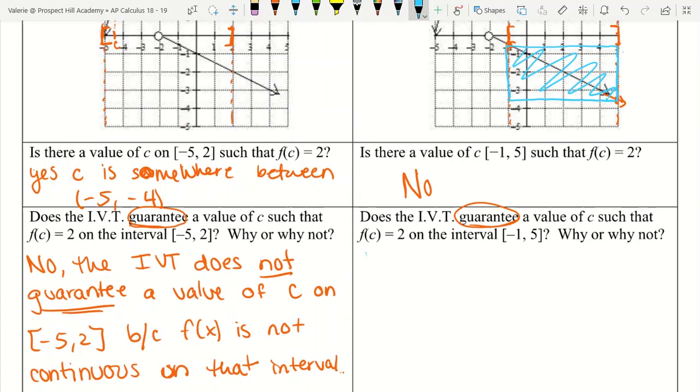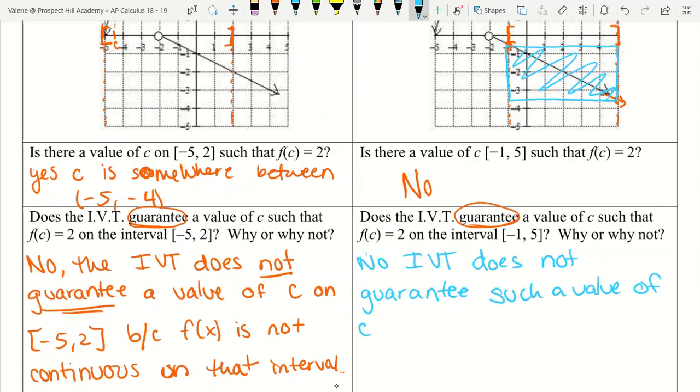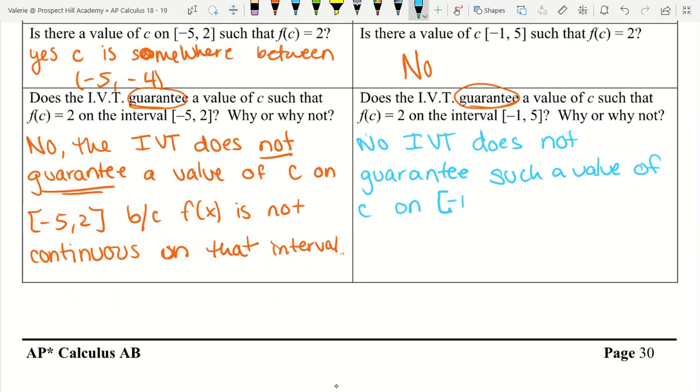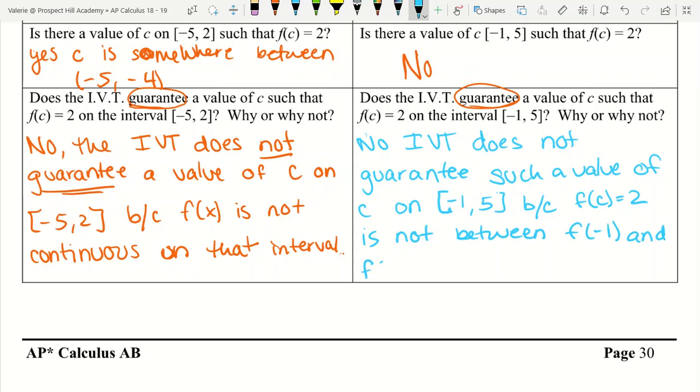So no, IVT does not guarantee such a value of c on -1 to 5 because f of c equals 2 is not between f of -1 and f of 5.